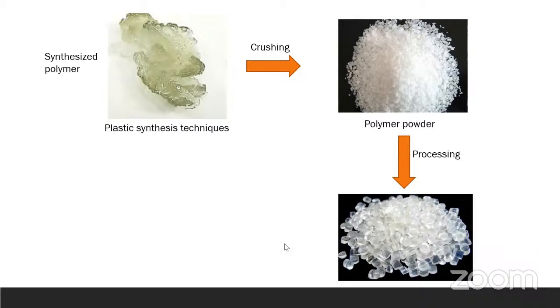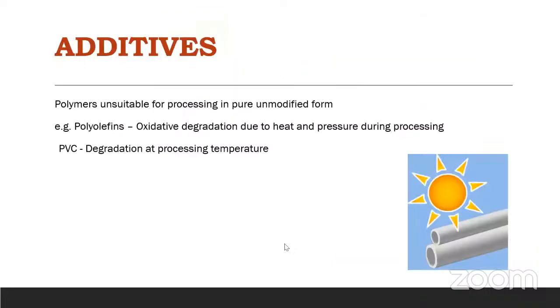Similarly, for plastics also, for polymers also, your polymer should serve well in its application or during its service time. So to enhance its serviceability, we generally add additives to the polymer, so that its properties can get enhanced.